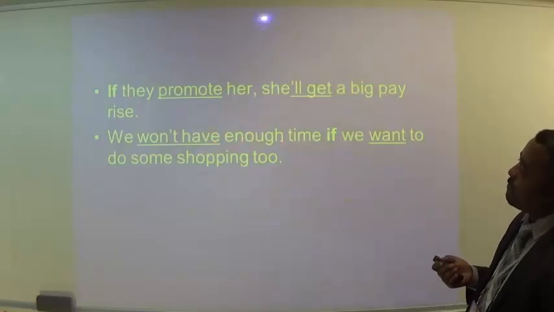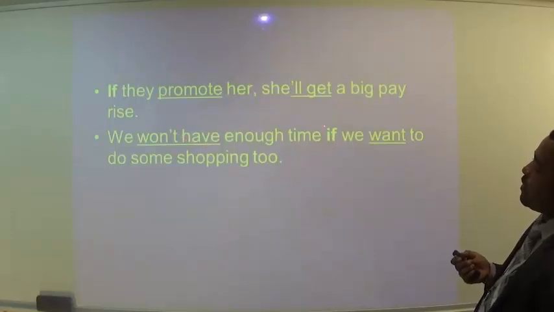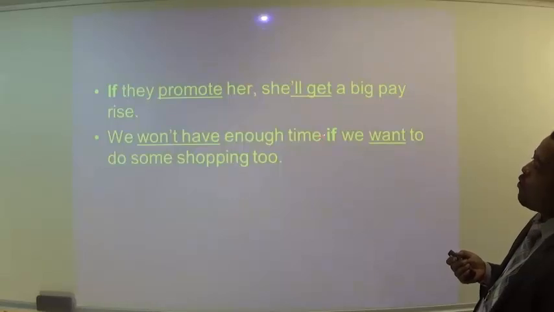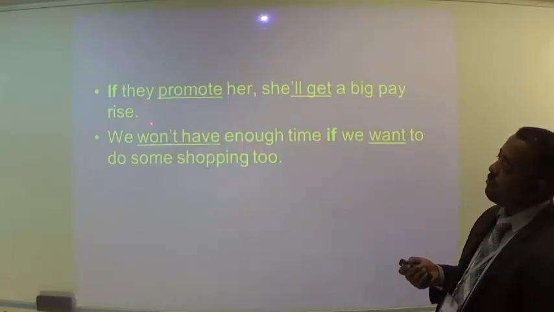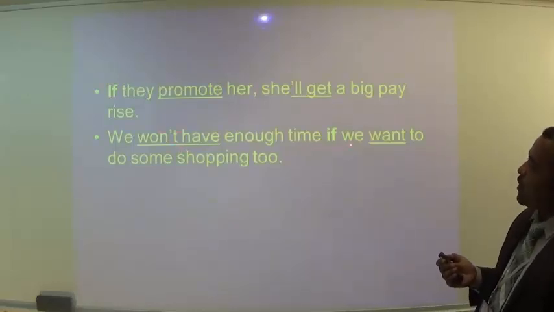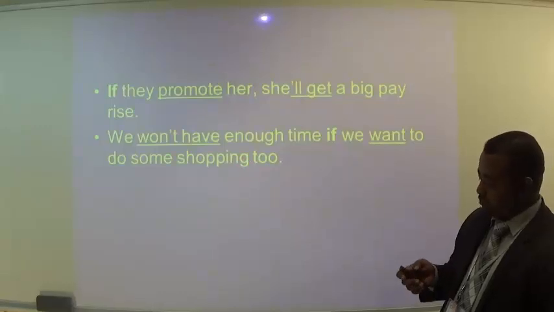The main clause comes first, and there is no comma before if. If you pay attention, in the first one we have a comma, but in the second one we don't. Why? Because the main clause comes first. We won't have enough time if we want to do some shopping too.